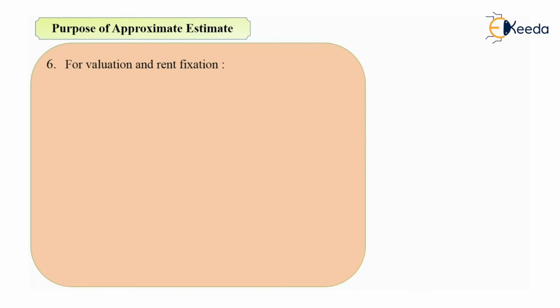Then what is the cost of construction at this moment, on this day, in that locality, maybe per square feet or per meter square. So from that you can value your building or structure. That is nothing but valuation. So for valuation purposes and rent fixation purposes, you can do the approximate estimate.